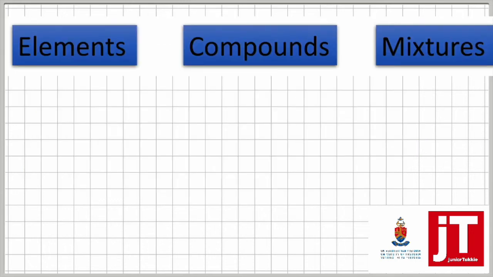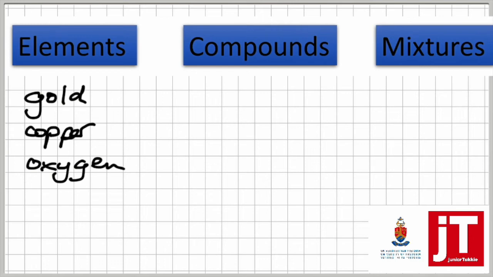So let us stop for a moment and look at elements, compounds, and mixtures. Looking at some examples of elements, things such as gold, copper, oxygen, chlorine, and diamond are all examples of elements. They are made up of only one type of atom. Let's turn our attention to compounds.